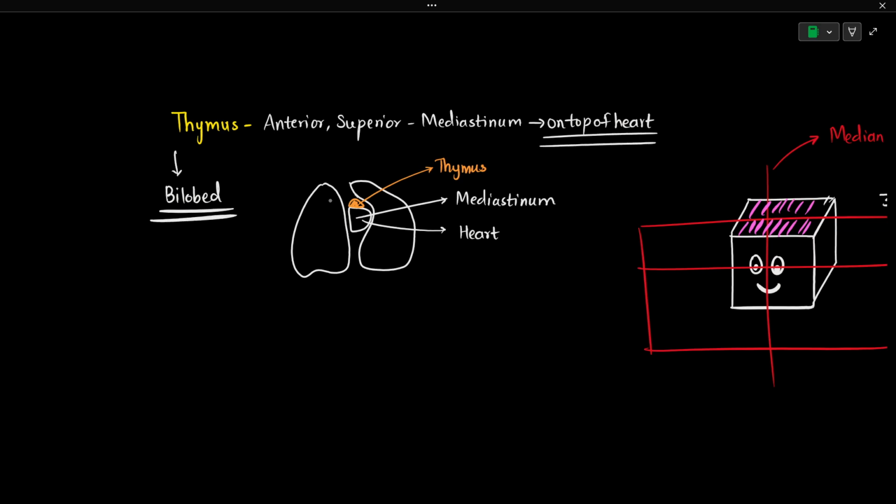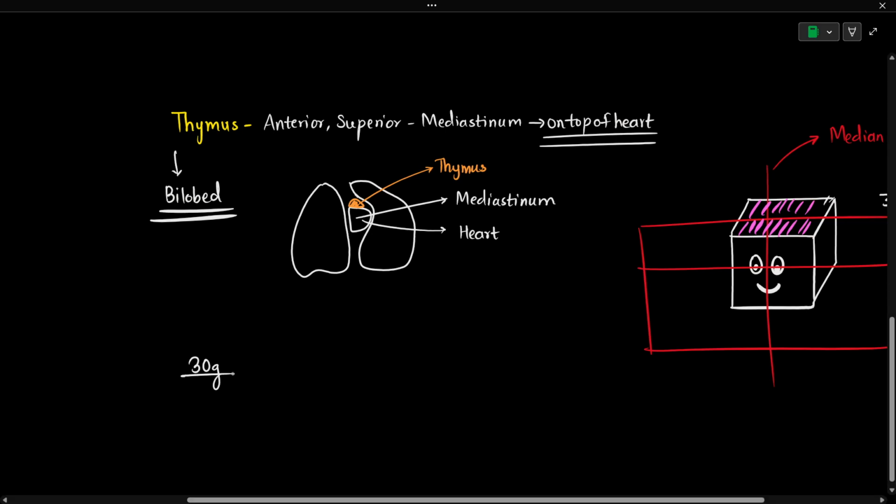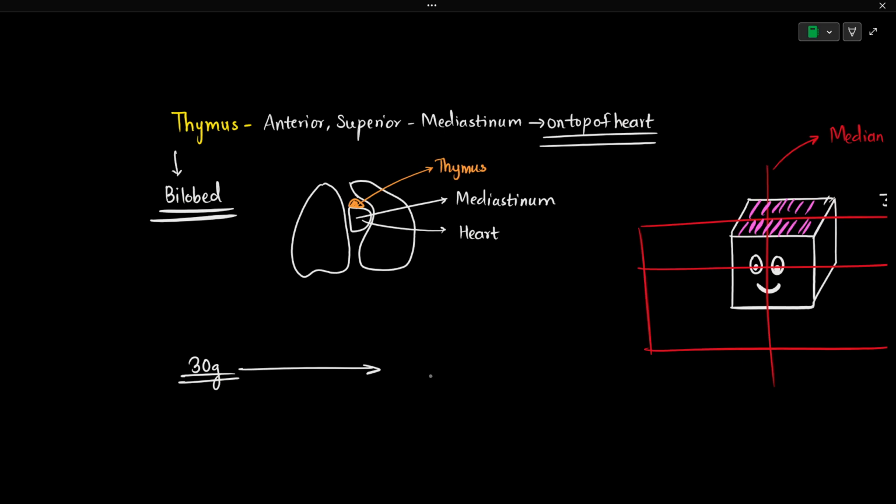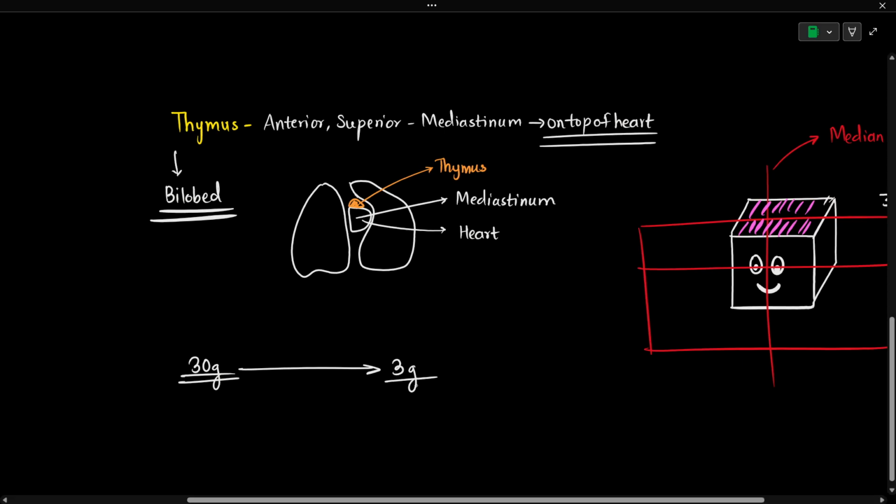This thymus is a pinkish gray colored soft tissue, and it shows atrophy as the individual ages. This means the thymus is almost 30 grams in infants, and when the baby grows up, the weight of the thymus decreases and it becomes just 3 grams in adults.